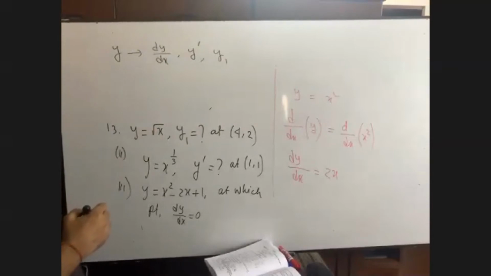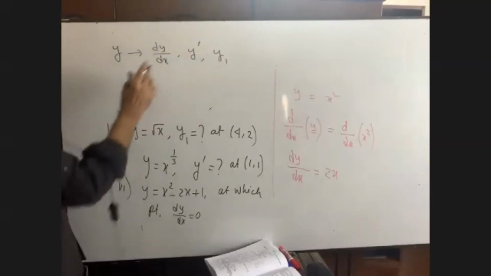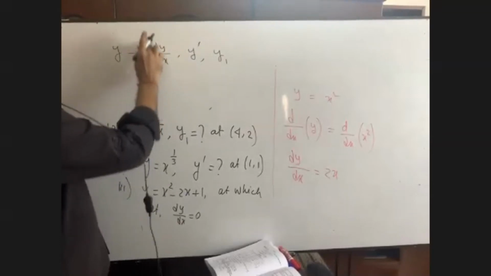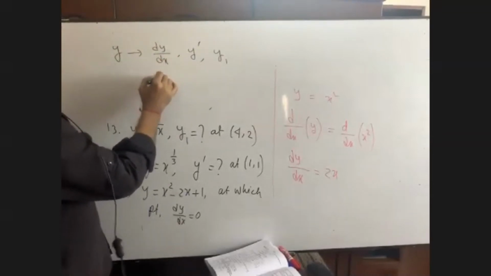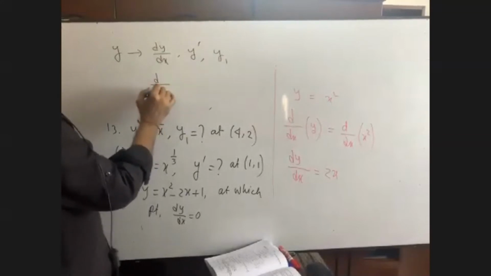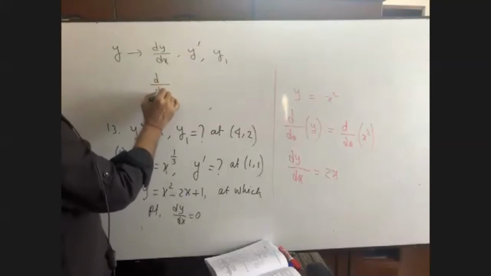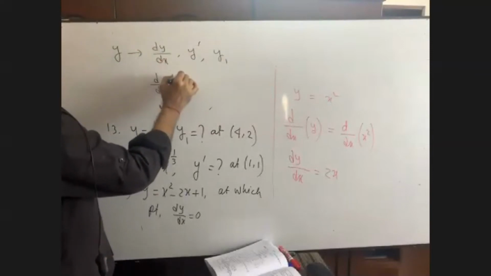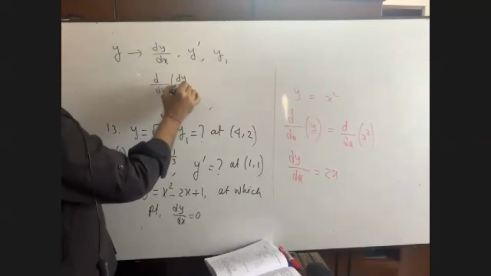Please write down. Its second derivative: if I again differentiate it, I am going to differentiate d by dx of dy by dx.